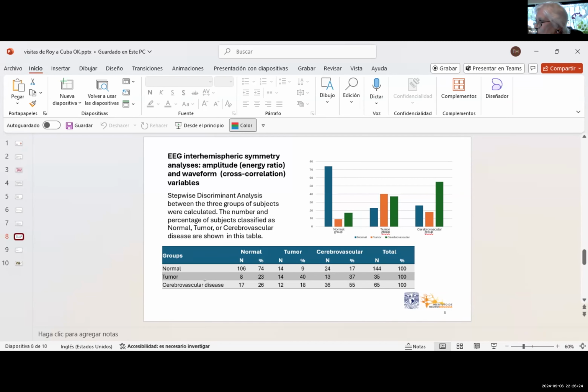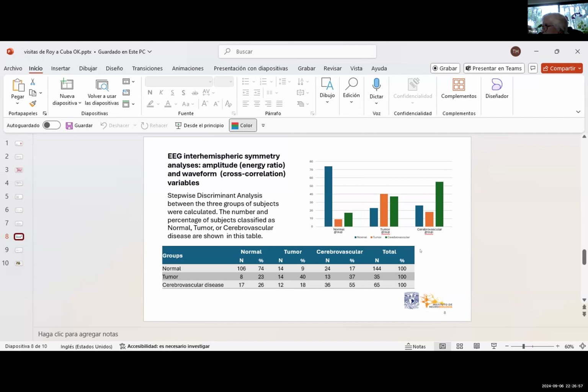But when we classified the 65 subjects with cerebrovascular disease, we were able to see that 26% were considered normal, 18% were considered as brain tumors, but 55% were classified as cerebrovascular adequately.